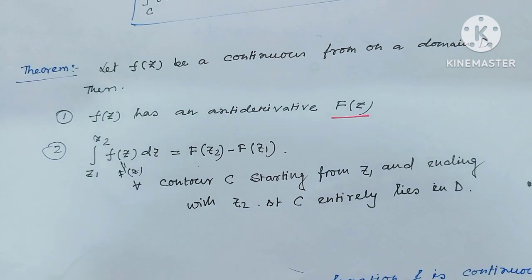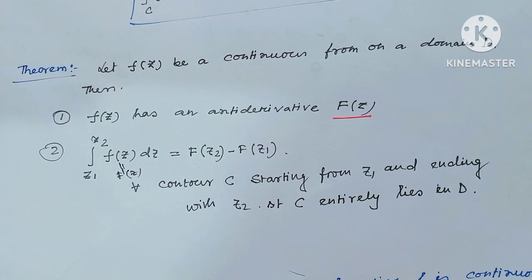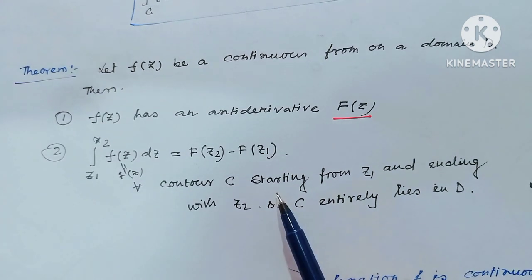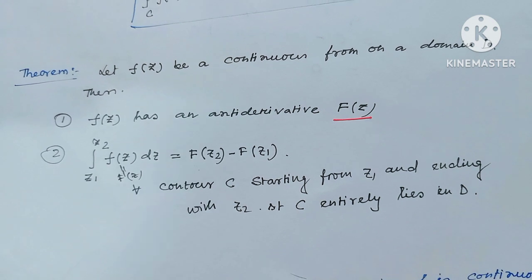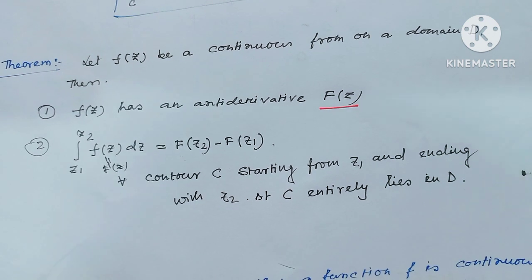So after integrating, the value is capital F(z2) minus capital F(z1), and this is true for every contour C starting from z1 and ending at z2 that lies entirely in the domain.